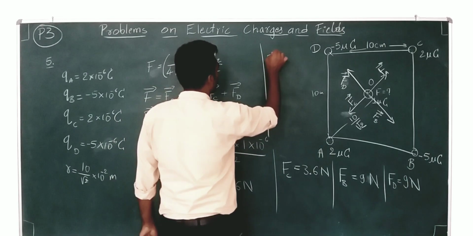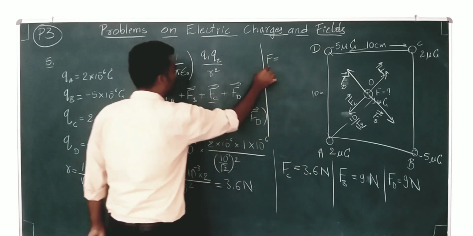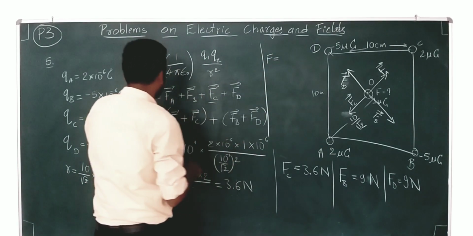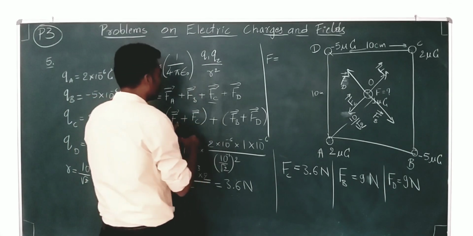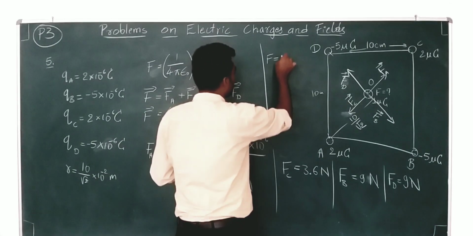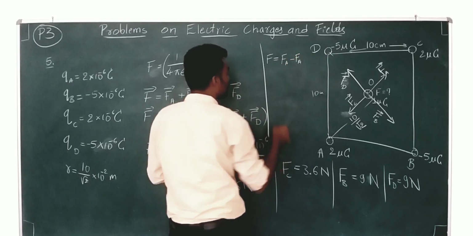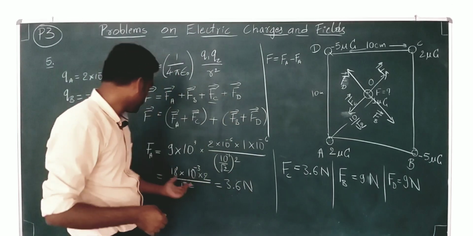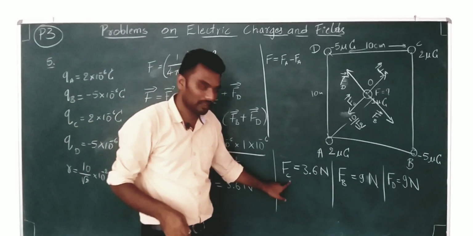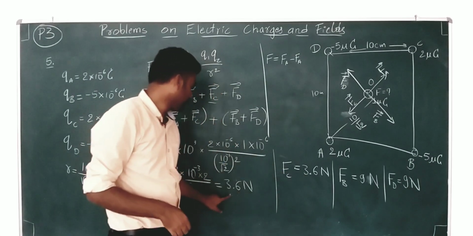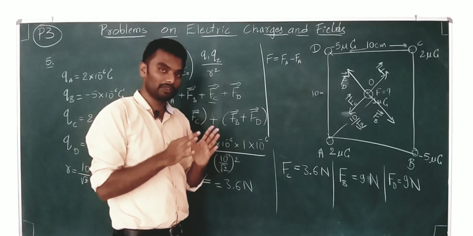So the vector sum of Fa and Fc, which we will continue now. So the net force F is equal to, now I am targeting the magnitude of net force. So Fa plus Fc is actually Fa minus Fa itself, because Fa is equal to Fc in magnitude, right? 3.6 Newton, 3.6 Newton, and they are opposite to each other.